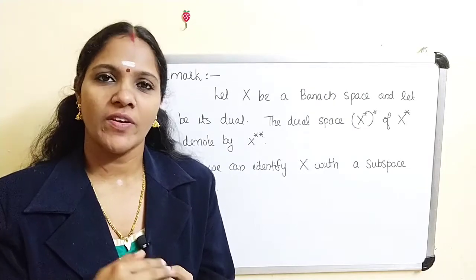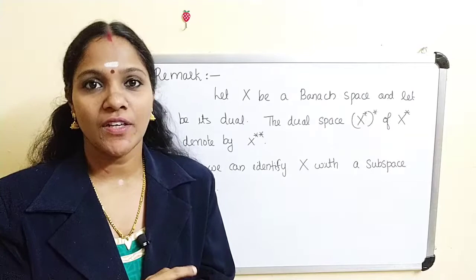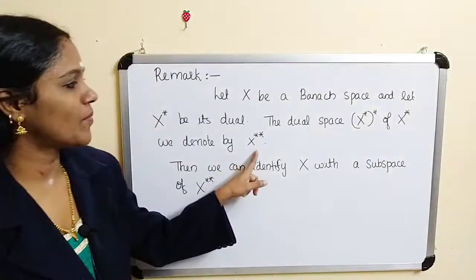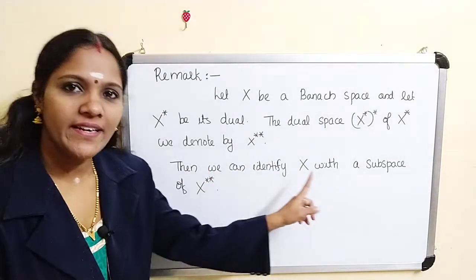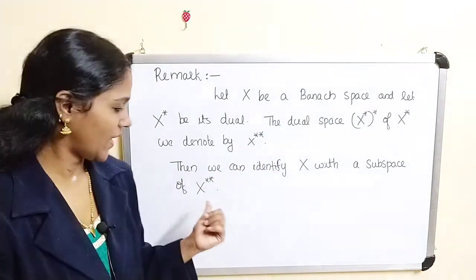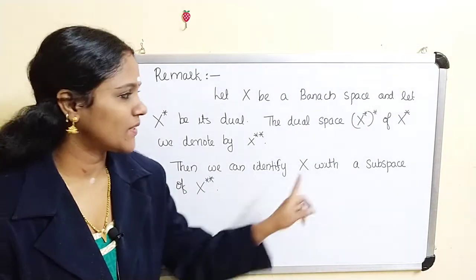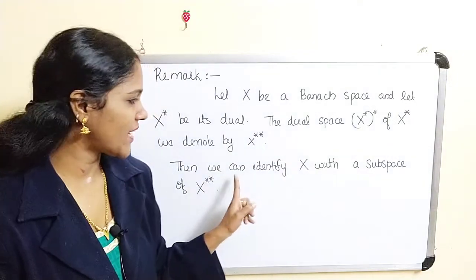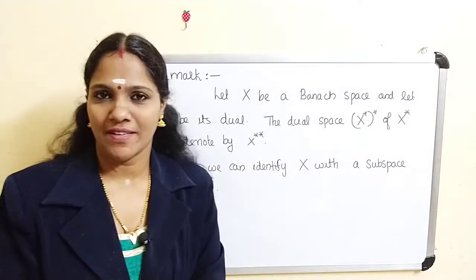Then we consider the dual of that X star, which is denoted by X double star. We can identify X with a subspace of X double star. Note that it is a subspace, not equal to.